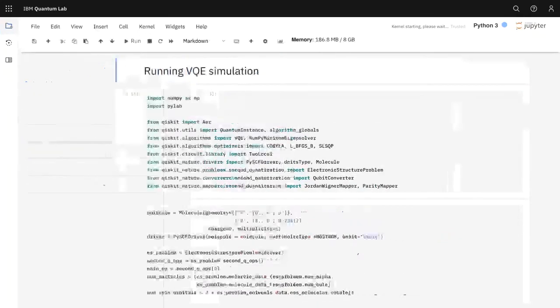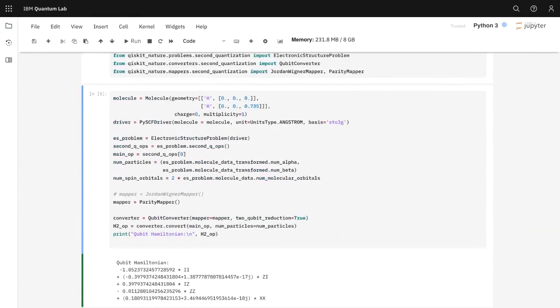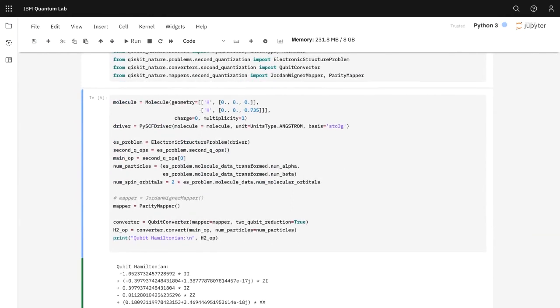In the second notebook, we need to import some modules. In this cell, we're essentially repeating what was done in the previous notebook. And here we also pull the data with the number of particles and number of spin orbitals out of the electronic structure problem.